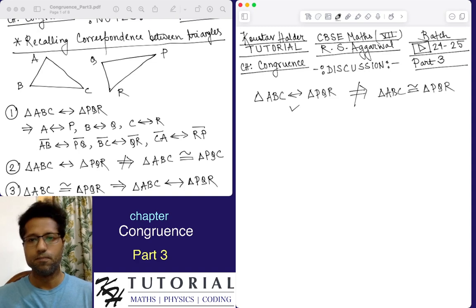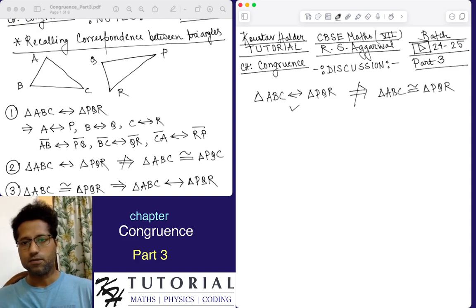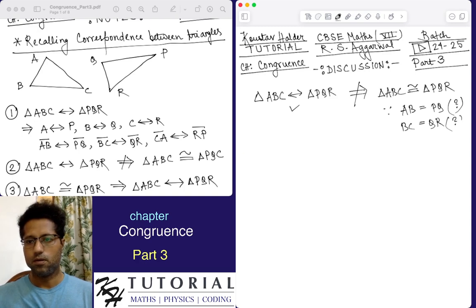This is super important, because just by expressing a mapping, we do not know whether AB will be equal to PQ or not. We don't know whether BC is equal to QR or not, and also whether CA is equal to RP. We don't know.